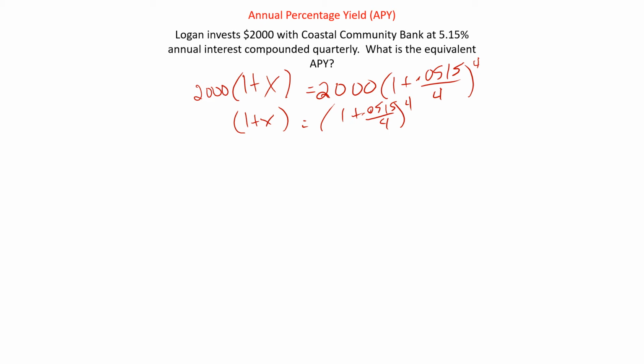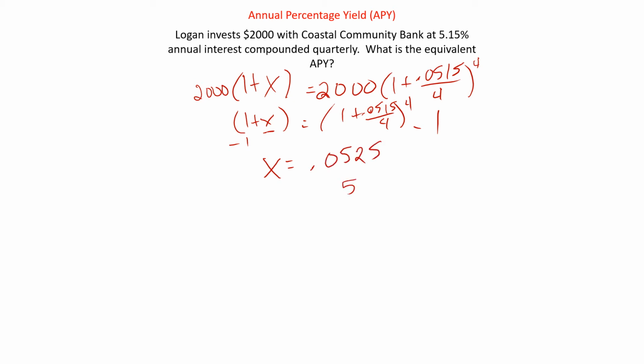The annual percentage yield depends entirely on the interest rate and the number of times it's compounded per year. Then the next step, we just have to subtract 1. I know this equation looks like it's going to be tough to solve, but the only x is right here. So we subtract 1. This is just a calculator problem. x equals 0.0515 divided by 4 plus 1, to the 4th power, and get 1.0 something, and then subtract that 1 to get 0.0525.